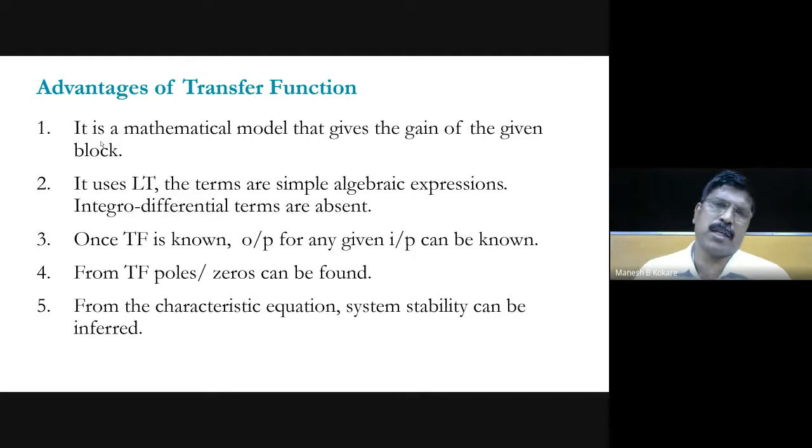And by observing the characteristic equation, we can tell whether the system is stable or unstable. We can find out the characteristic of that system. So from the transfer function we will know the stability of a control system. So these are the 5 advantages of the transfer function.